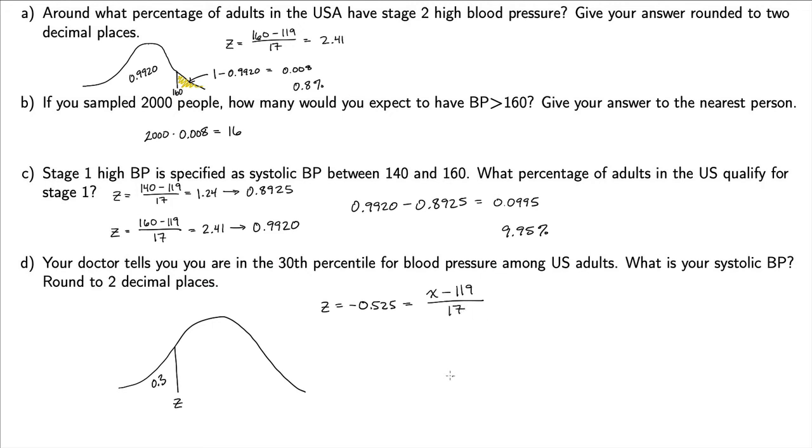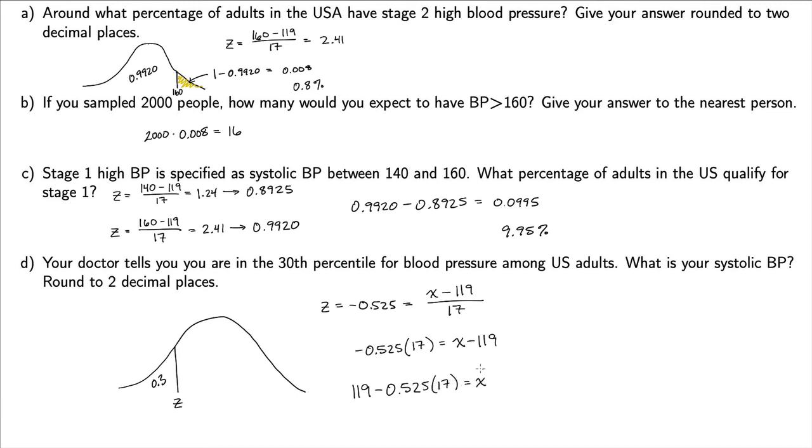Now this value is equal to x minus the mean, which is 119, over the standard deviation, which is 17. Now I can solve for x. I multiply both sides by 17, so negative 0.525 times 17 equals x minus 119. Then add 119 to both sides, so 119 minus 0.525 times 17 equals x.